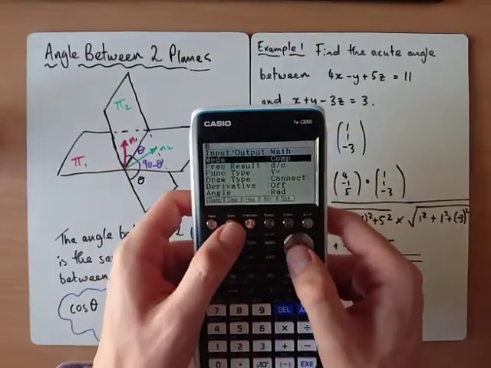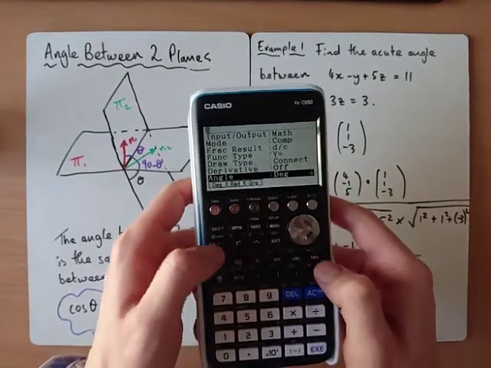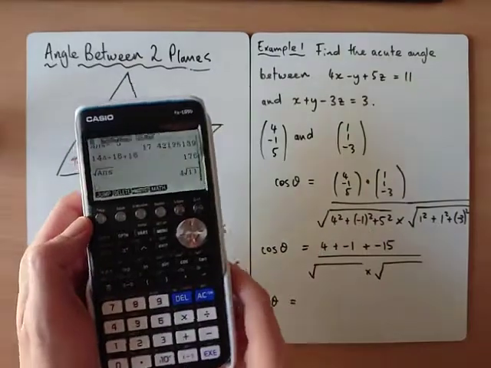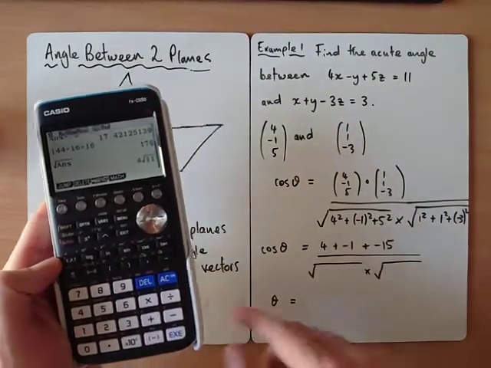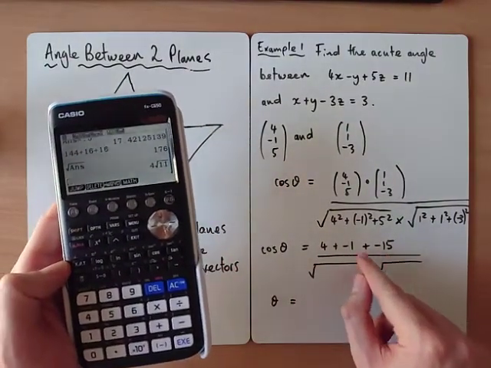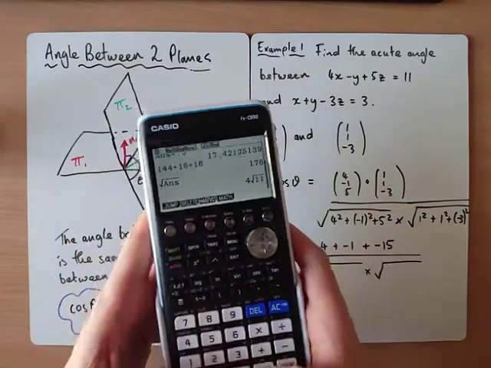So I'm guessing I'm going to be in radians because I normally am, yeah. So I'll put it into degrees. And then we've got minus 3, minus 18.